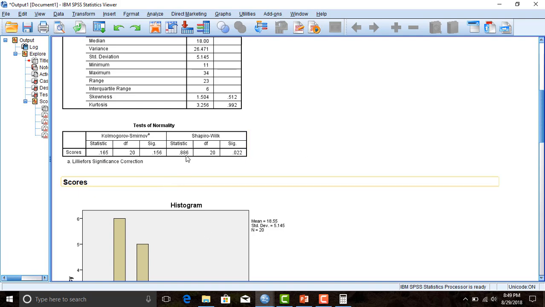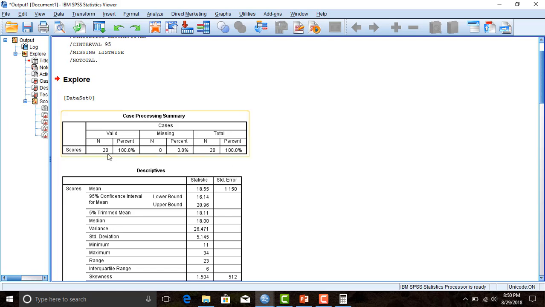Now, when you look at these normality tests, they don't do the n-1 degrees of freedom. They use all the observations to detect any deviations from normal. So when you see under DF and you see 20, that's how many observations you have. If you don't know this, you can go up to how many valid cases you had, and it says 20 as well.